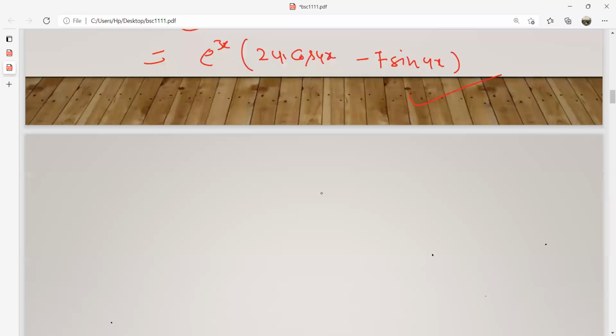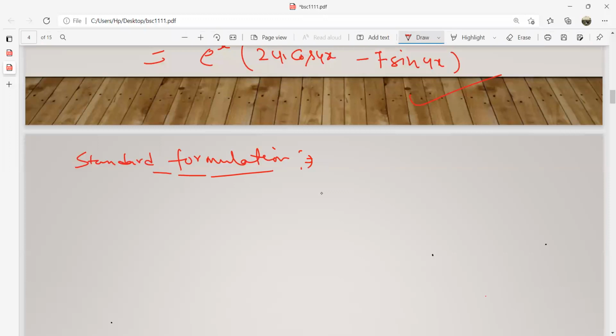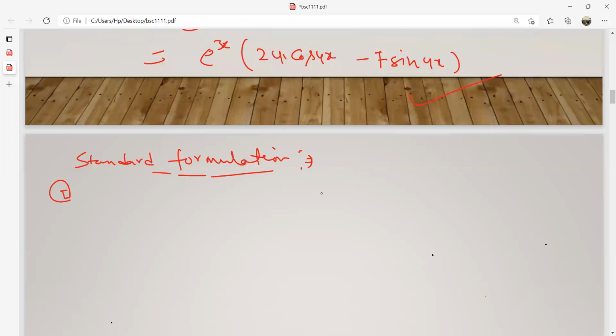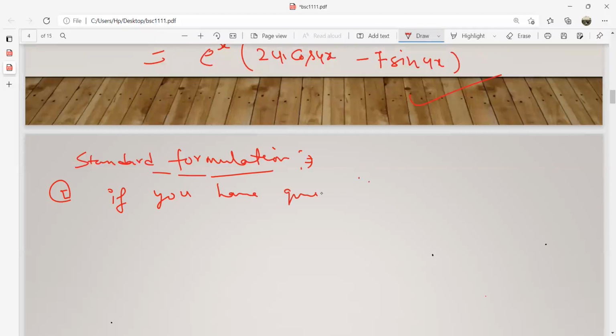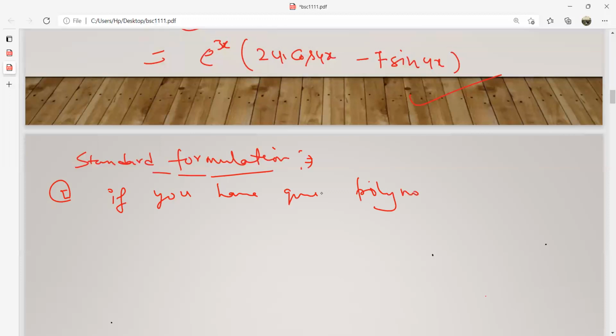The first one is, if you are given a polynomial function, suppose y equal to x^m, a polynomial type of function.